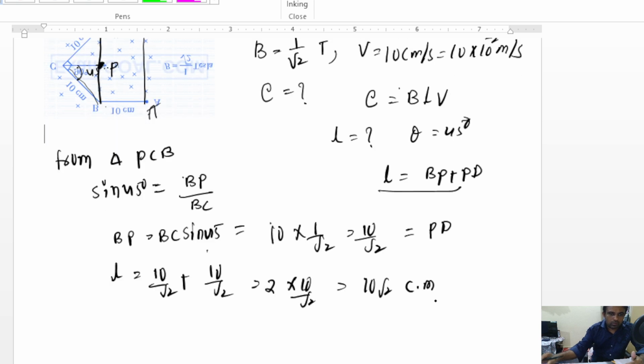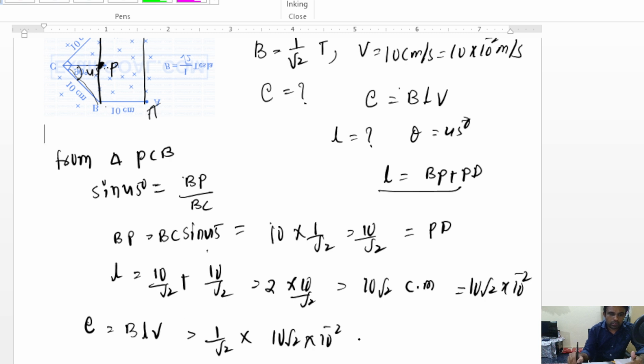So induced EMF E is equal to BLV. B value is given as 1 by root 2. L value is 10 root 2, which when converted into meters is 10 into 10 to the power of minus 2 meters.